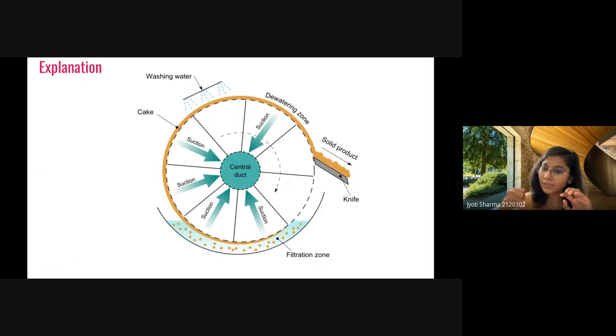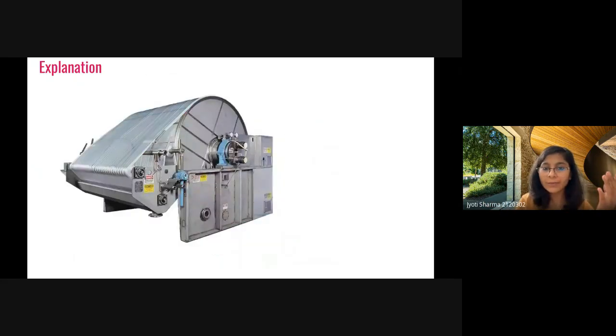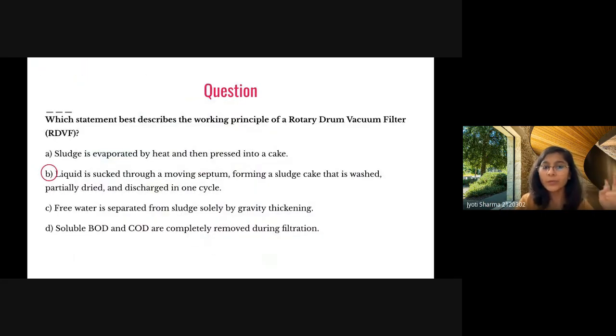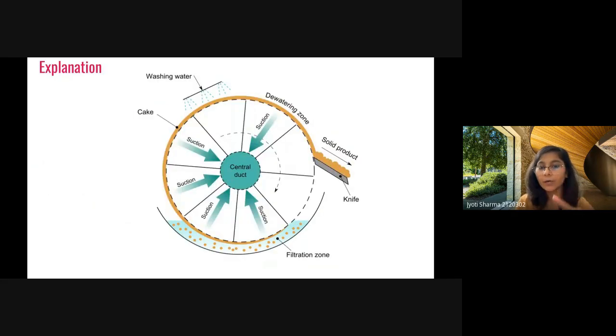That vacuum is sucking the water, and we are washing it also, and then we are dewatering it, and then this solid product, we also have a knife that will cut it. So a lot of things will be happening. A liquid will be sucked, that will form a sludge cake, that will also be washed, partially dried, and discharged in one cycle. So this is how this RDVF will work.